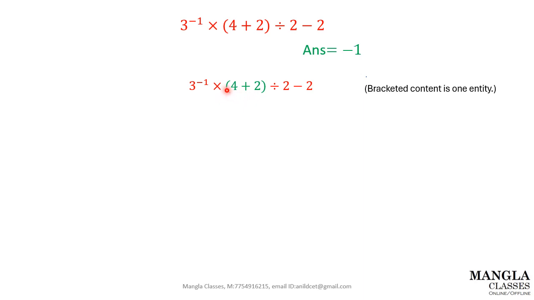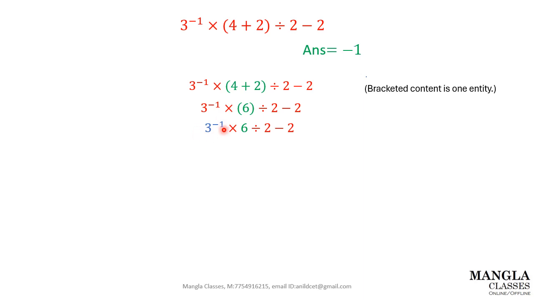Because the content inside the bracket does not communicate with the outside numbers or expression unless the bracket itself is simplified. So 4 plus 2 gives you 6, and then we can now open the bracket so that 6 comes out of the bracket.